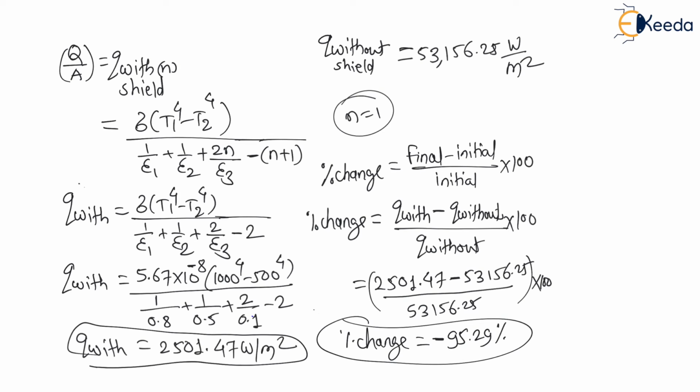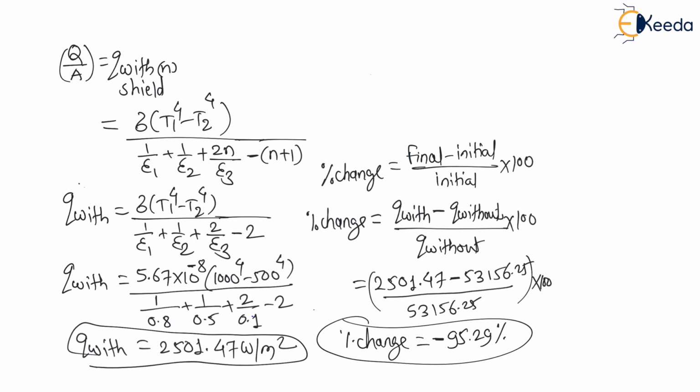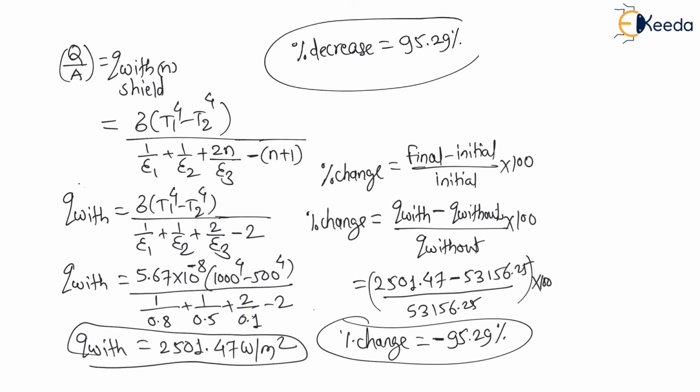As the percentage change is negative, there is a decrease in heat transfer rate, and in the question they are asking for the decrease. Therefore the percentage decrease is positive, 95.29%. By this much percent the heat flux is decreased. Thank you dear students. In the next lecture we will see one more numerical on this topic.